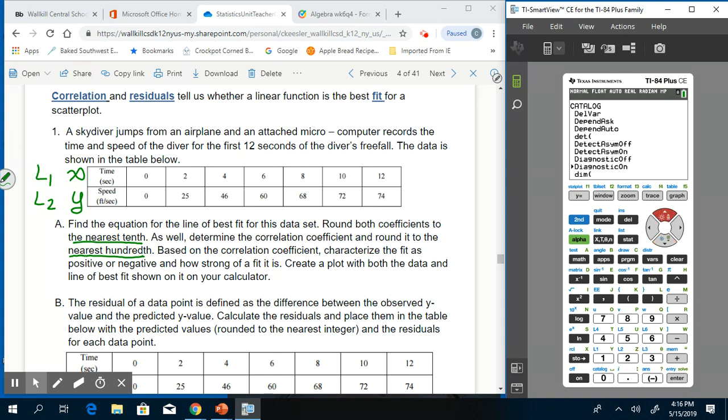Once you get to diagnostic on, press enter and enter again, and now you're set up. Remember that you need to know how to do that, because on the day of the regions, you're going to clear your calculator and you have to turn that back on so you have this feature ready to go.